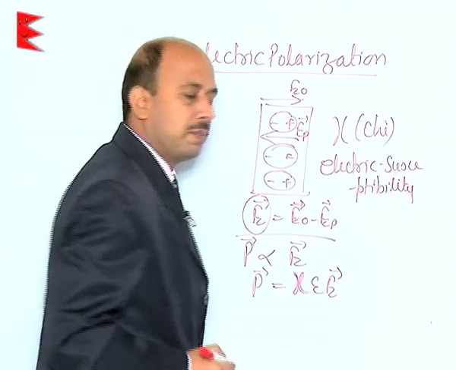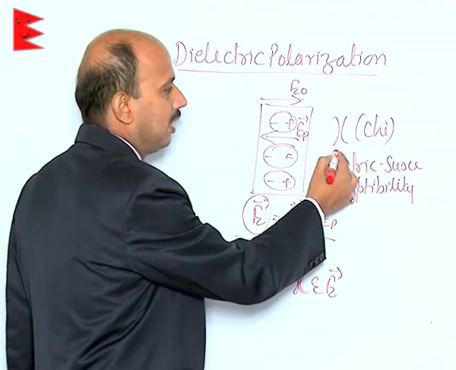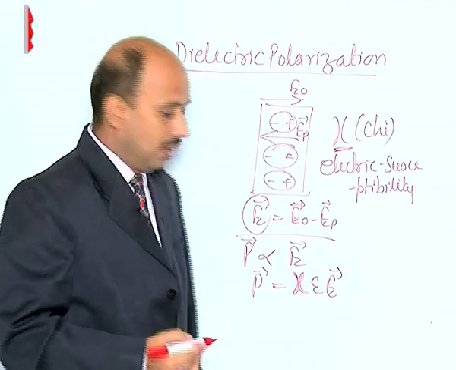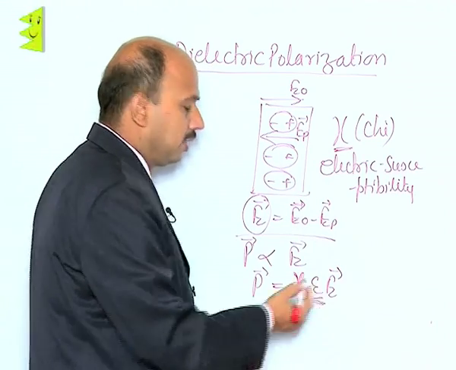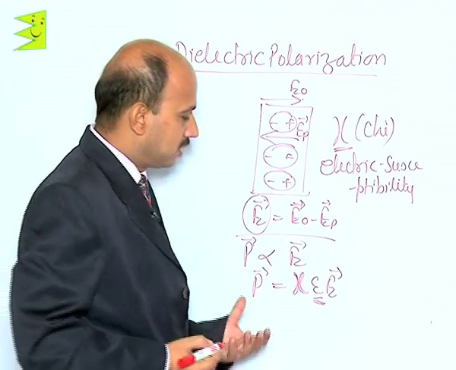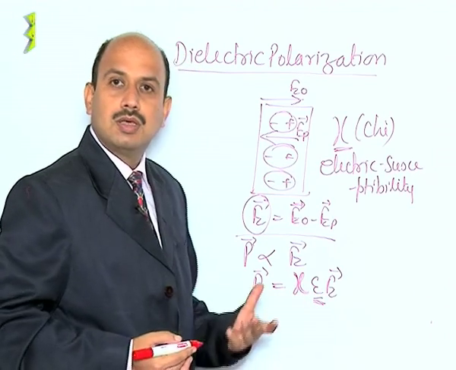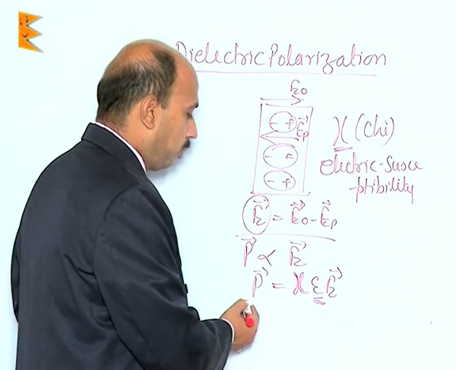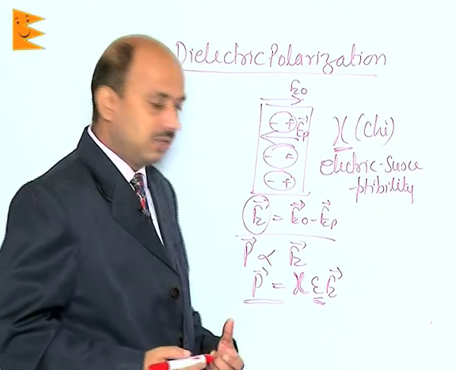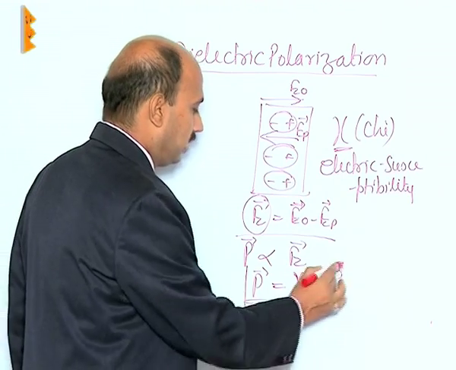It is a proportionality constant, and epsilon is multiplied here as a factor to make chi dimensionless. So this is the polarization, or polarization density.